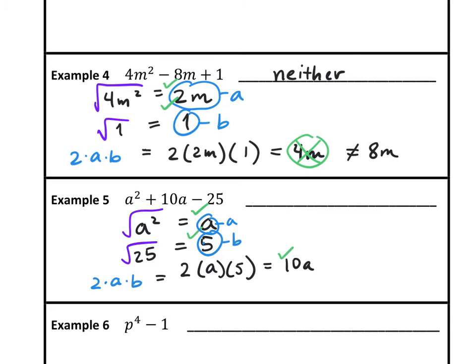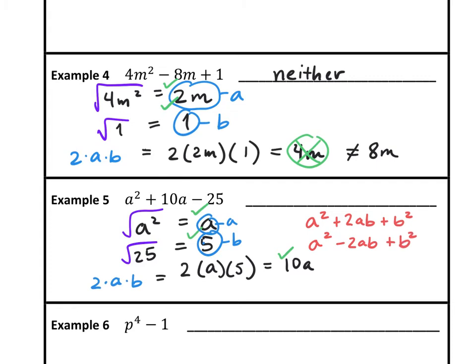But what I want you guys to remember is in a perfect square trinomial, these are the patterns. I'm just going to write it out here. You can have the following, or you can have this one.